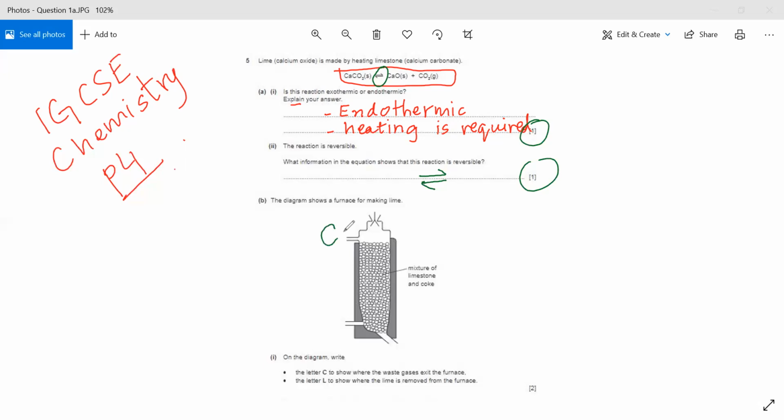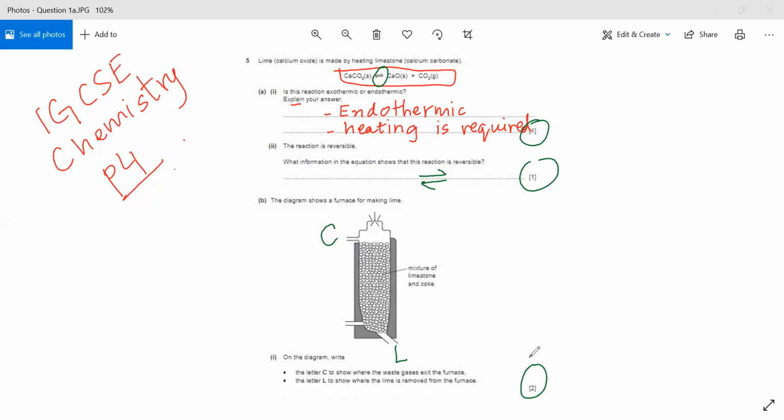Then they are saying to show where the lime is removed from the furnace. So lime is removed here. These are the two points.